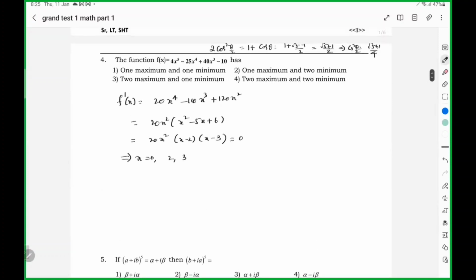At these values, f may attain minima, maxima, or no minima, no maxima is also possible. So for that you have to find the double derivative.